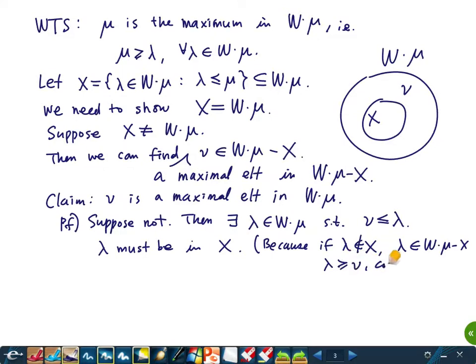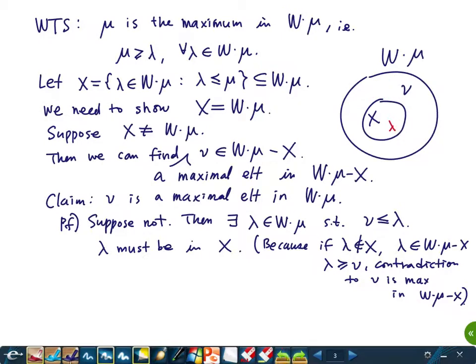It's a contradiction to the fact that nu is maximal in here, right? So this lambda must be inside here, because everything here cannot be bigger than nu. That's the definition of the maximality.